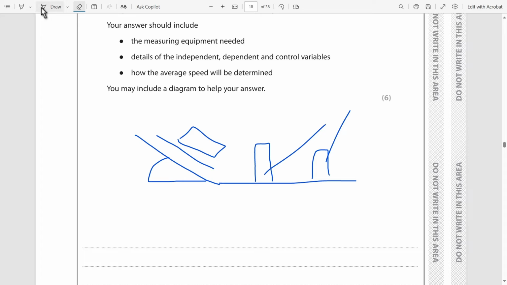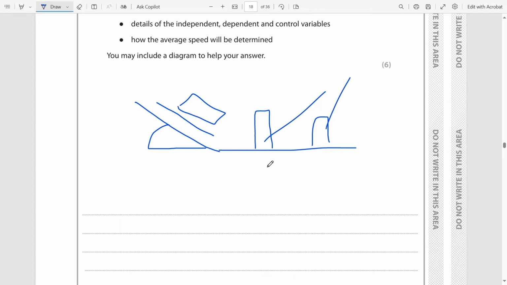Sorry, guys. Connected to a computer. And yeah, tape measure, stopwatch, boom.